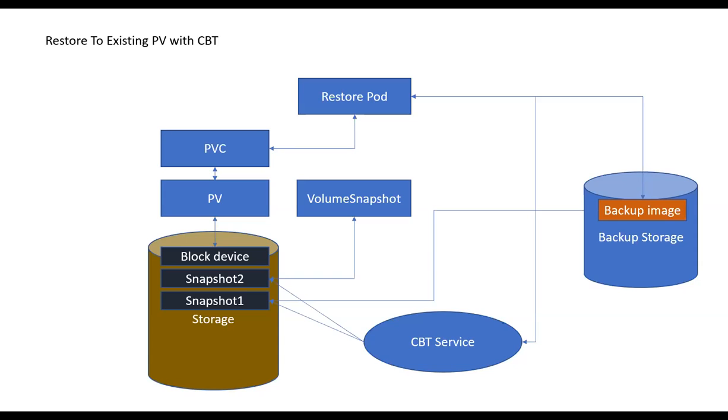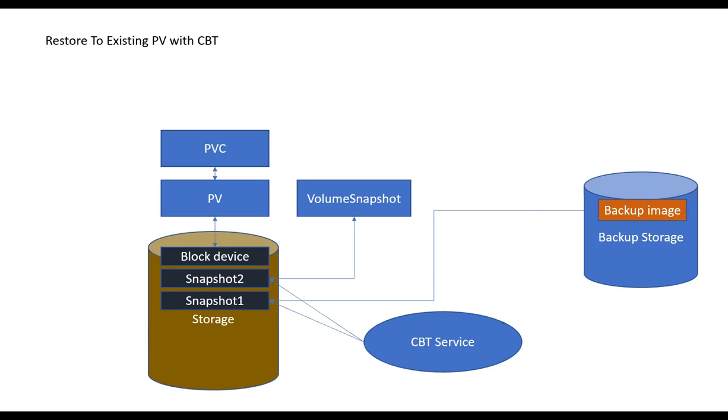As a consequence, instead of restoring the entire image from the previous backup, we only need to restore a few blocks, the blocks that actually changed between the backup time and the current time. After we restore those blocks, we can unmount the restore pod and restart the application again. This way is much more efficient. Instead of restoring everything, we only restore a few blocks.